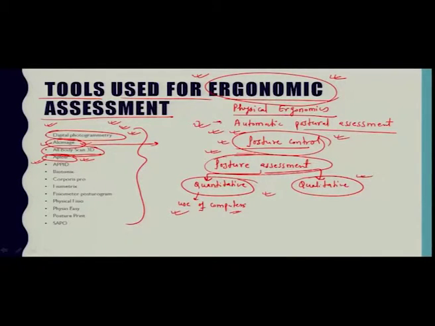Another kind of tool is APID. This particular software provides information about the posture of individuals. It has assessment stages: the assessment of posture on the sagittal plane and the assessment of posture on the frontal plane.